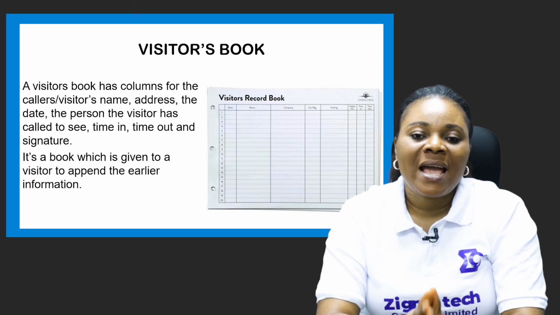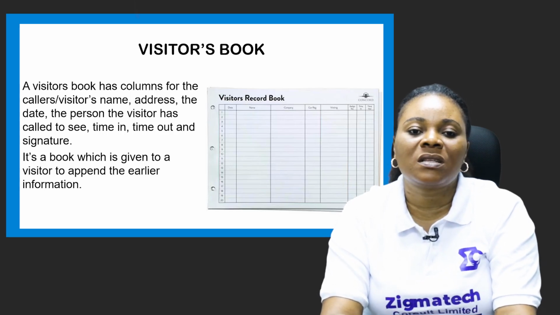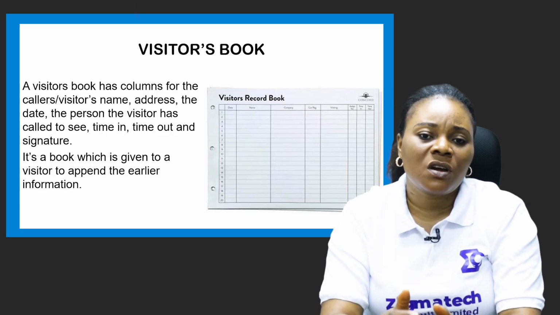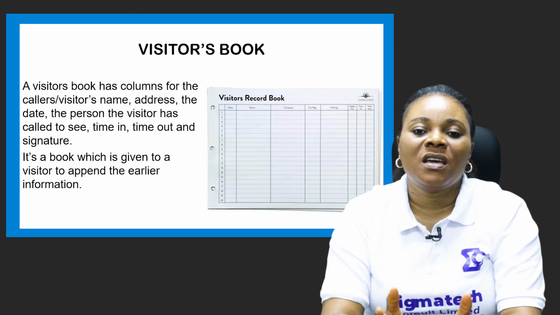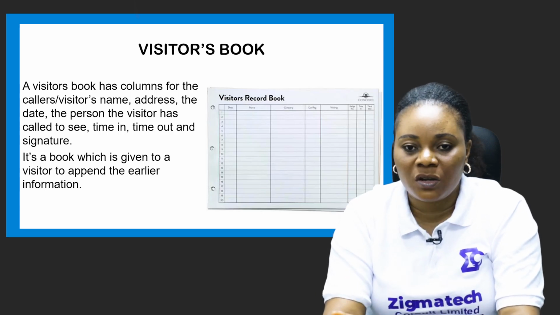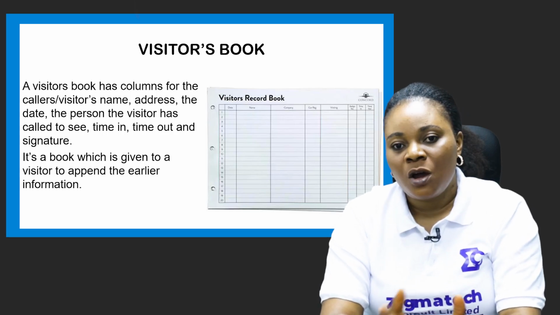Then when the visitor is leaving, the visitor is expected to put the time out and append his or her signature. The essence of having all those details is to be able to monitor the in and out of visitors into the organization, and for the officials or the administrators to know the rate at which visitors come in and leave the organization.